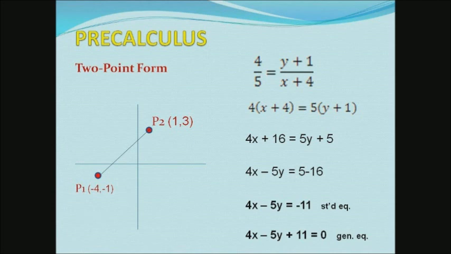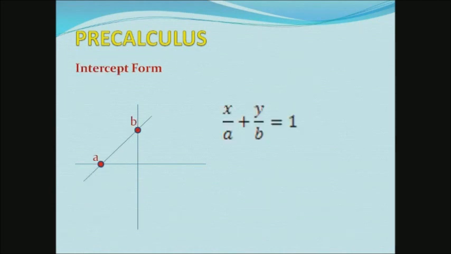And our general equation now would be 4x minus 5y plus 11 equals 0 as our general equation. So, what we did from the standard equation, the constant negative 11, we moved to the left side of the equation. So, 0 is all that is left on the right side. That is our general equation. 4x minus 5y plus 11 equals 0.